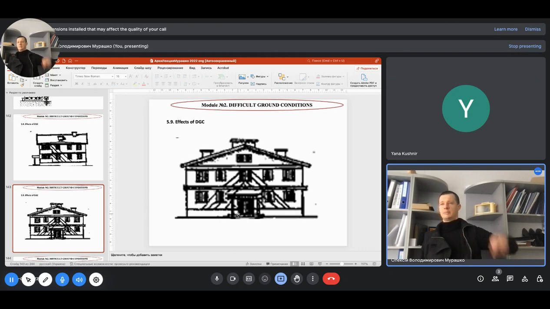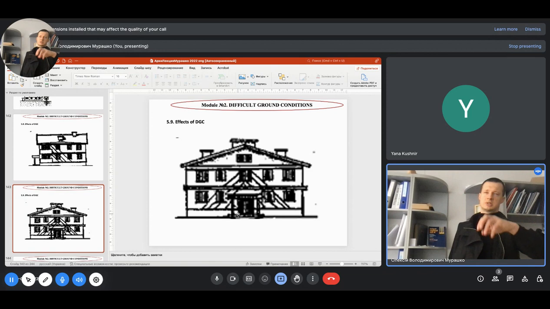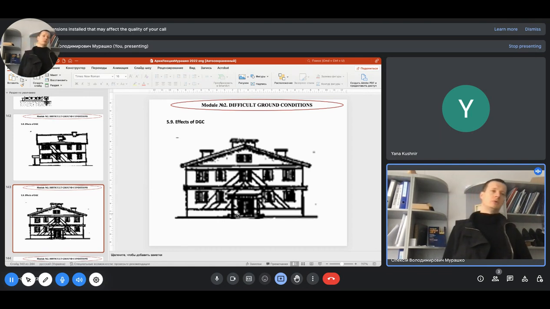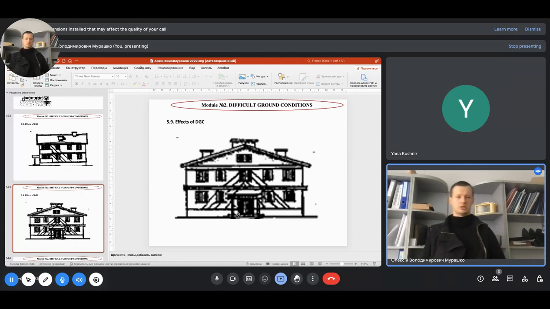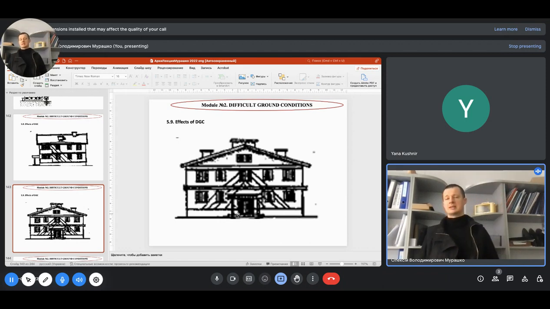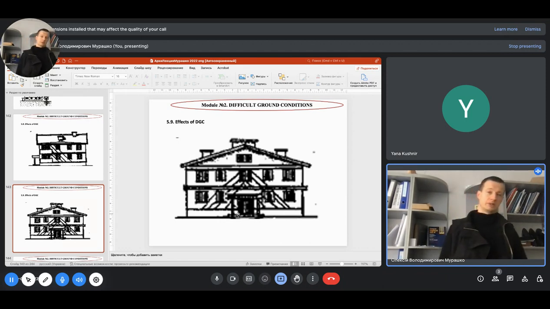They make bores, and those bores show them information about the layers of ground located under this building. But first of all, before you decide to make those geological examinations, you have to suggest what causes can lead to such deformation of the building.